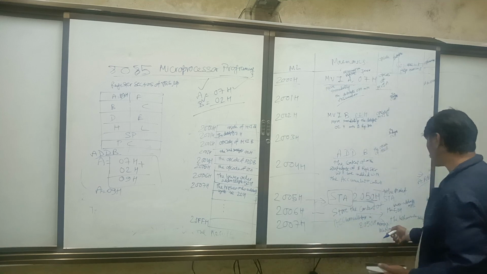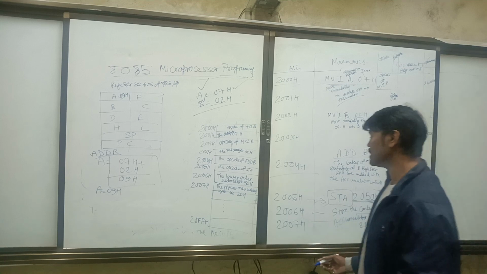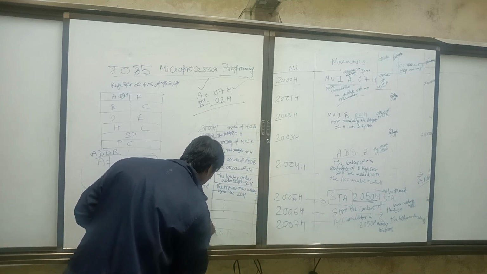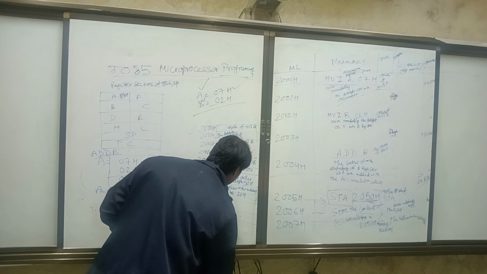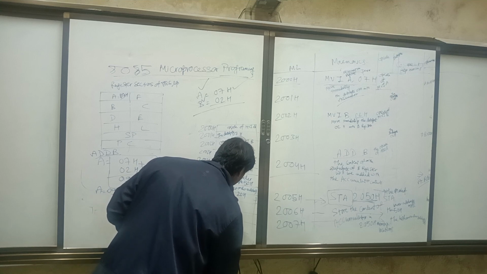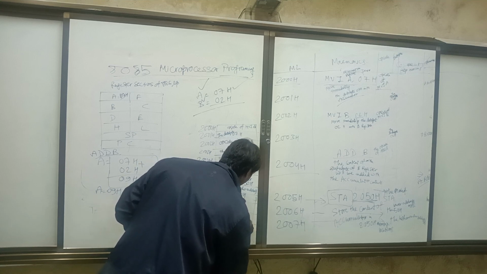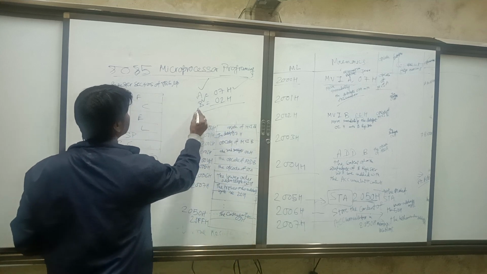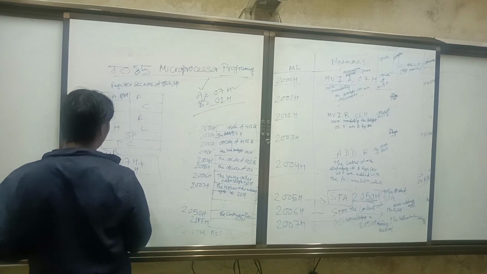That means in this 2050H memory location, the last content of the accumulator, which is obviously the result, will be stored.